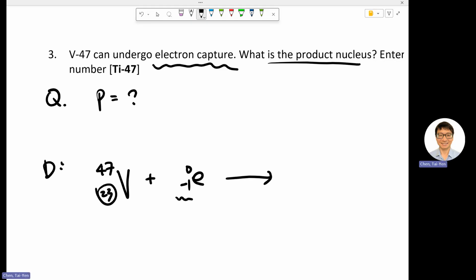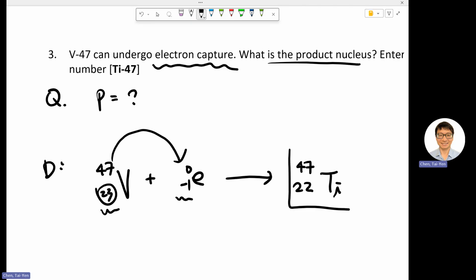So you know the product will have 23 minus 1, which is 22. Okay. So you have a proton number of 22, therefore you know your atomic symbol will be titanium, right? And then your mass number will be 47 plus 0, so it will still be 47. Then that is your product. Okay, so all you do is read the sentence, understand what it means, translate it into equations, and do this simple operation, and you'll be able to figure out the answers.